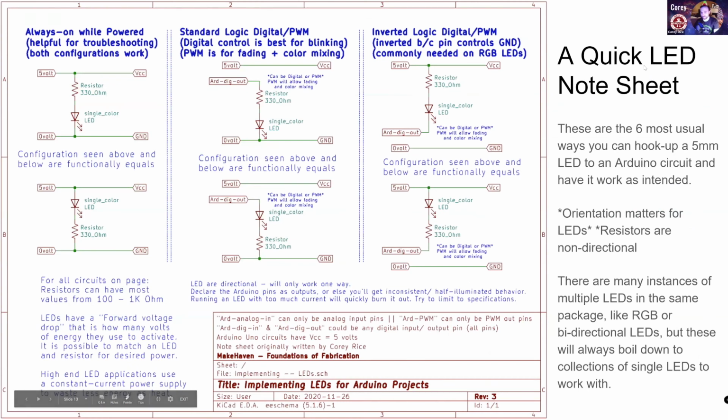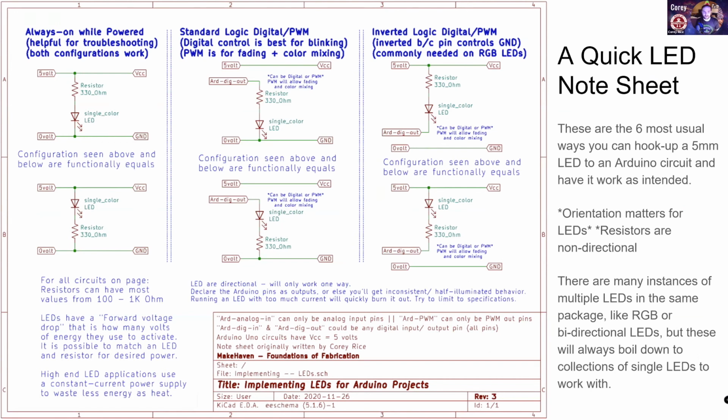In any case, I made this maybe less than quick note sheet so that if you're trying to make sense of an LED circuit, you can look at this and make some reference points for: is it connected correctly? Do I have the resistor that I need? Do I have a connection that I want to have? And did I accidentally hook it up in a way that I didn't want to have it?